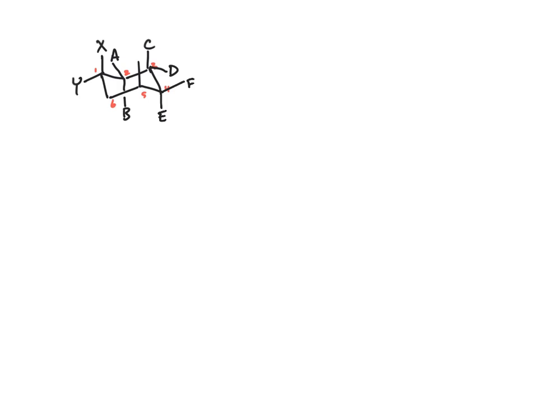So C and E are therefore trans, right? What would be the dihedral angle between C and E? It'd be 180. So if you don't get that, you can look at a model and then look at a Newman projection.